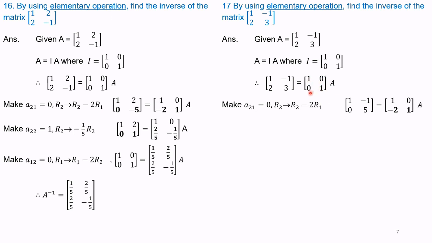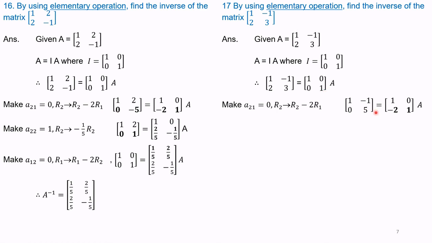This is 0. 0 minus 2R1 is 0 minus 2. Therefore, this becomes minus 2. And this one, 1, this one becomes R2 is 1 minus of 2R1. Minus of 2R1 is 0.